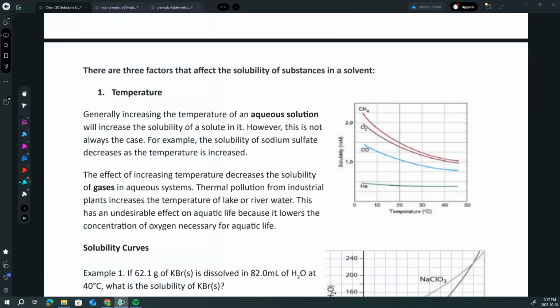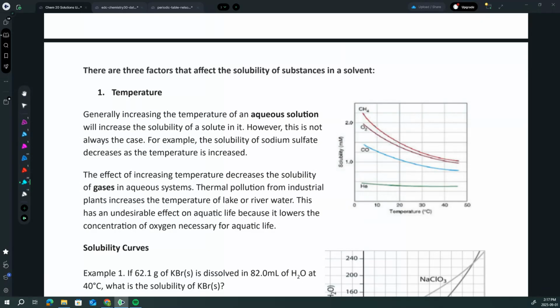Okay, so as promised, we're going into a bit more detail into factors that affect solubility, specifically with temperature. Generally, increasing the temperature of an aqueous solution will increase the solubility of a solute in it. However, it's not always the case.